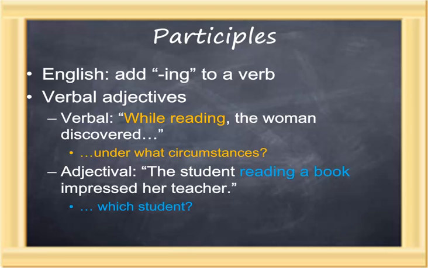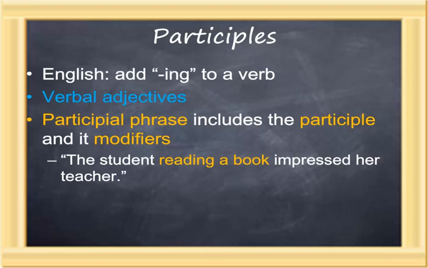But the same participle, reading, can be used adjectivally in a sentence. "The student, reading a book, impressed her teacher." In this particular case, the phrase "reading a book" tells us something about the student and answers the question, which student? It functions adjectivally.